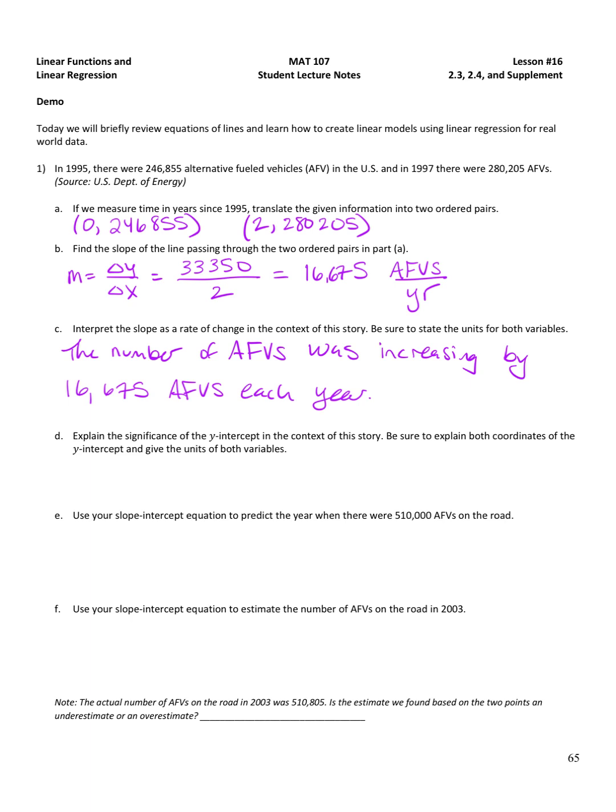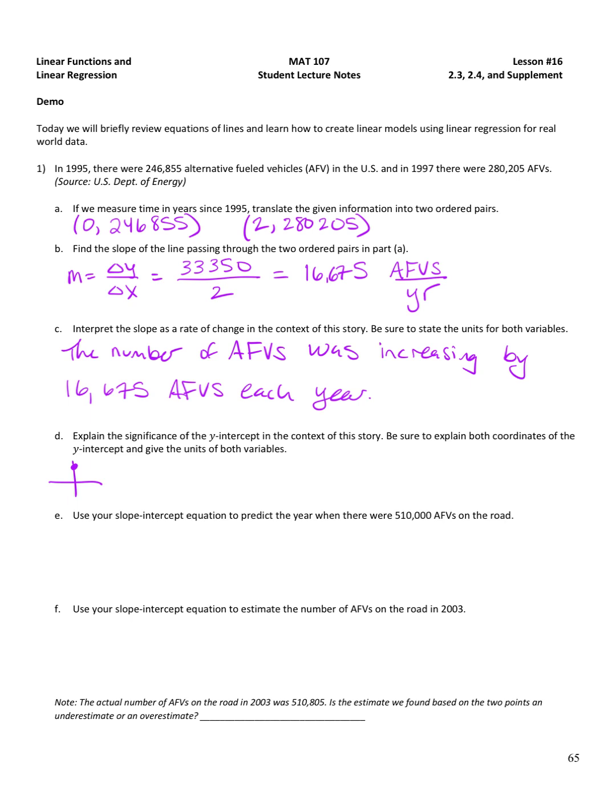Okay, D is explain the significance of the y-intercept in the context of this story. Be sure to explain both coordinates. So a y-intercept is a place where a graph crosses the y-axis. And when you're on the y-axis, your x-coordinate is 0, right? We went left or right, none at all. So we just stayed here and went up or down to get to a y-intercept. So I actually know the y-intercept, the point on the graph where x is 0, was given here.